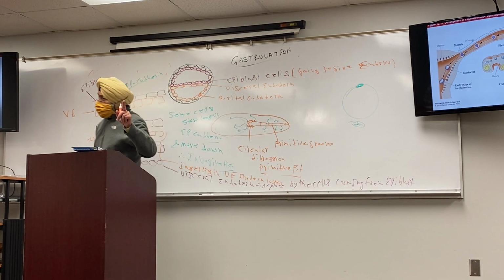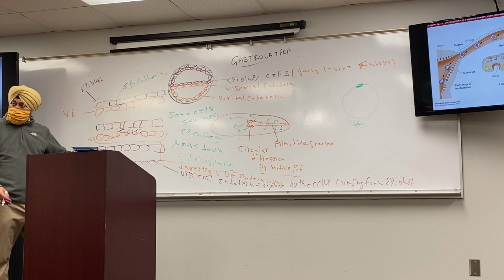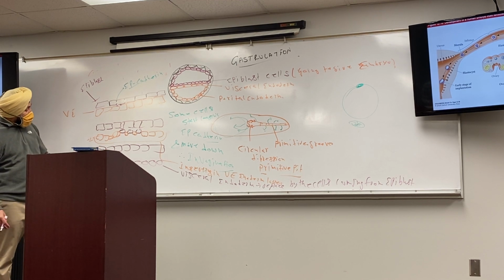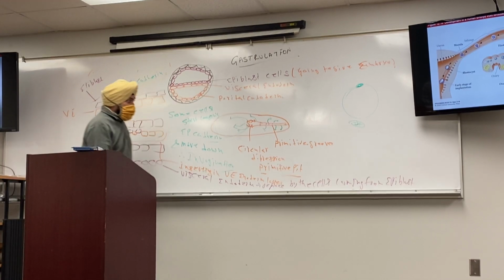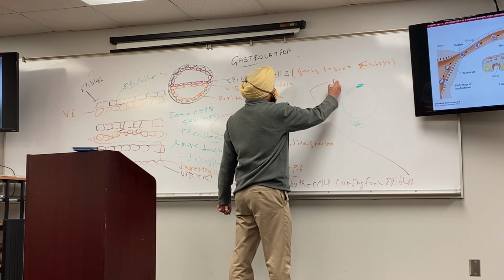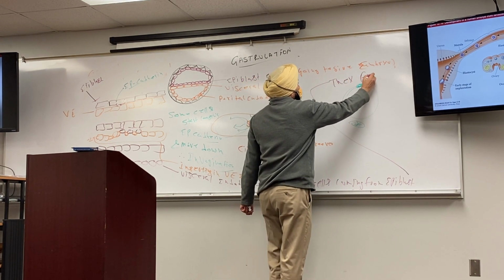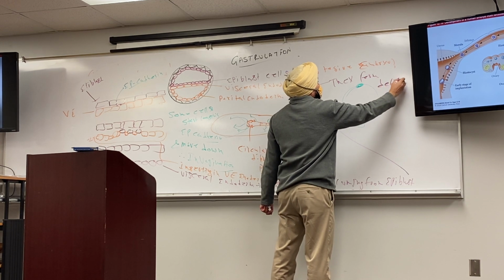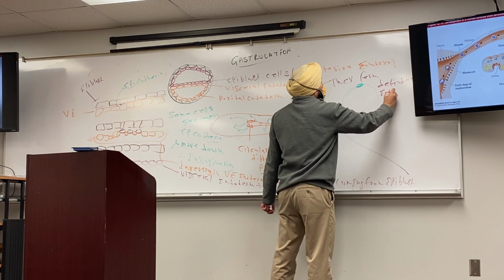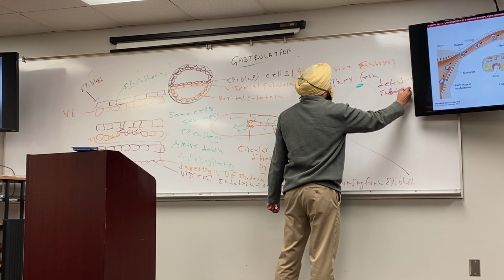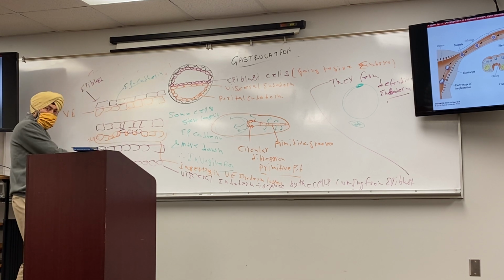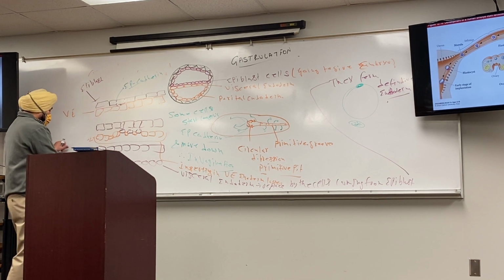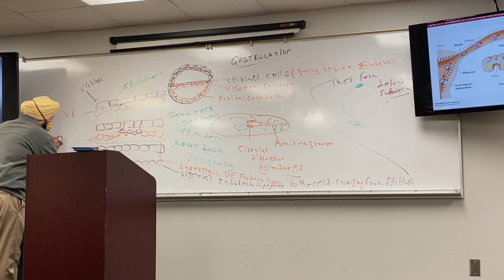Now, when these cells are in this layer here, they actually start changing into the endoderm. Okay? And when they replace it, what they form is what we call definitive endoderm. So when they completely replace them, you call them definitive endoderm.